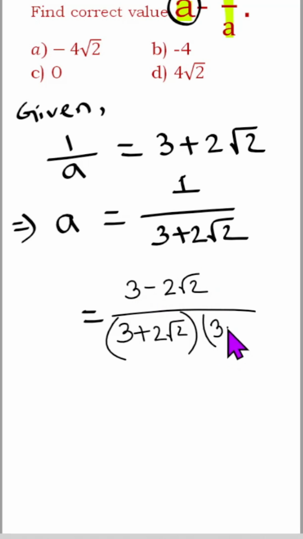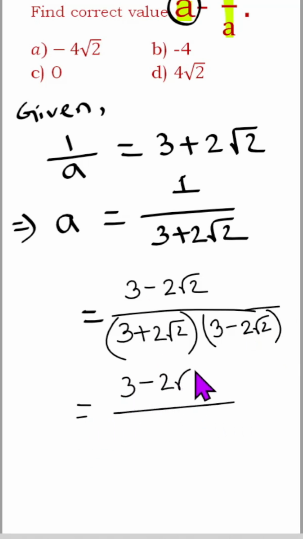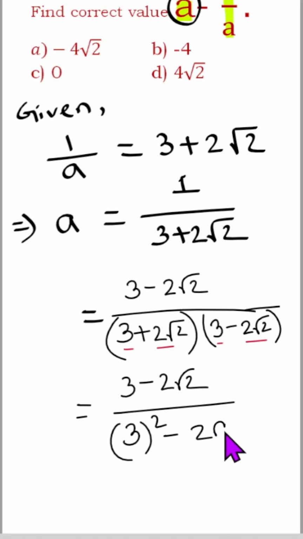It means 3 minus 2 root 2 in the numerator. Now look, this one is in the form a plus b times a minus b, so it's 3 square minus 2 root 2 square.